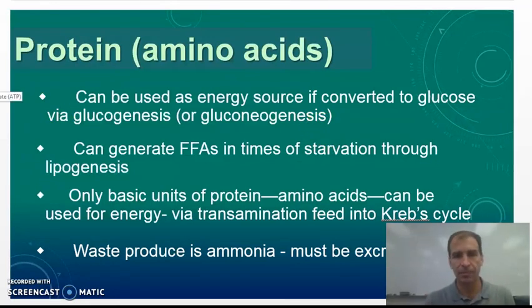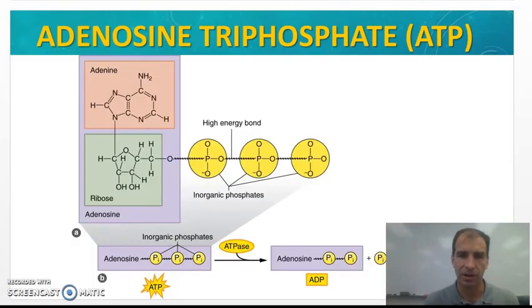All right, so let's talk about the most important thing here, ATP. We are going to talk about this a lot. You're going to hear this term literally every class. It is that important. ATP, adenosine triphosphate, is the key compound that cells require to do a ton of things.